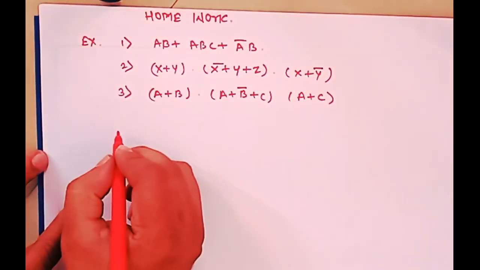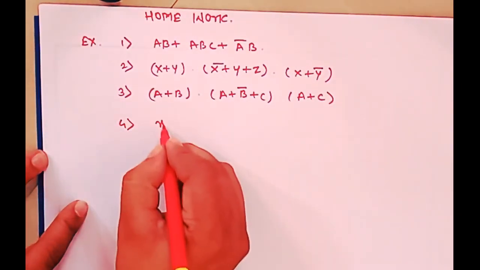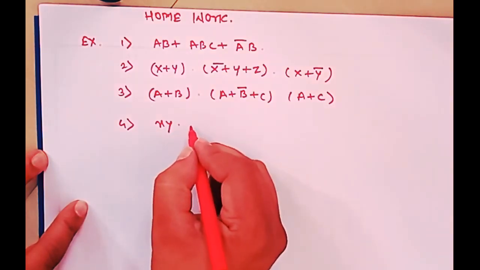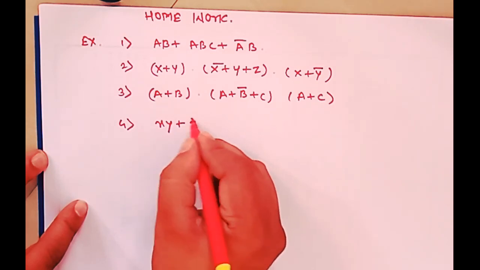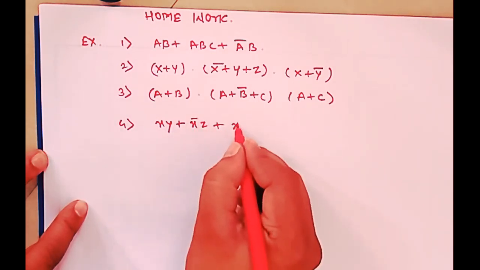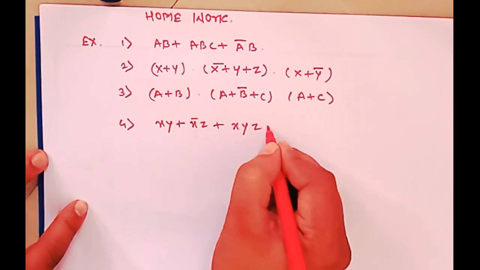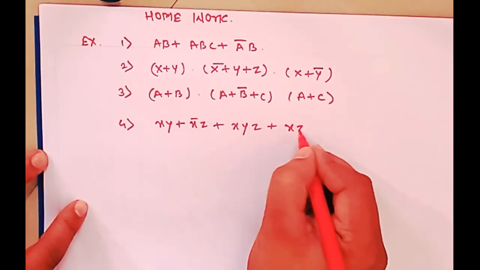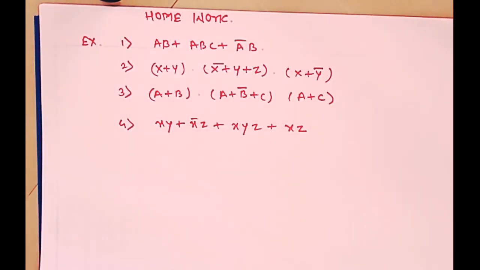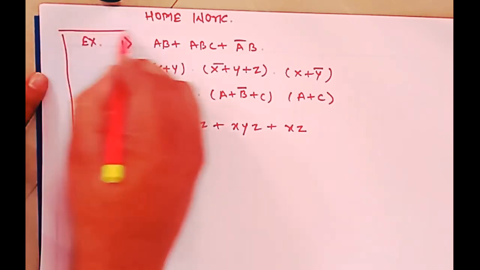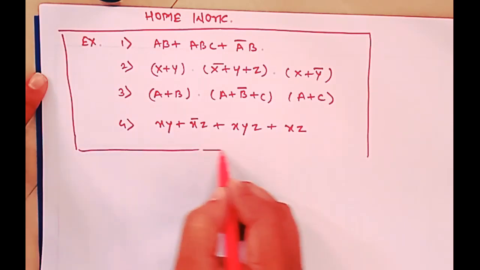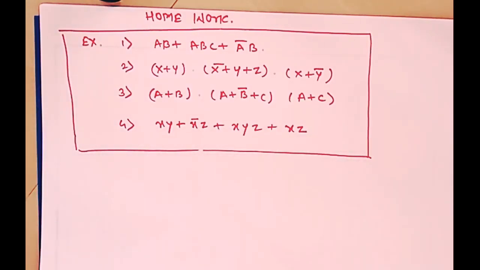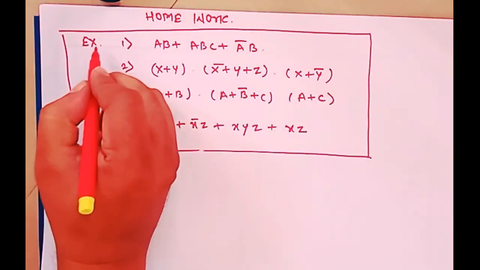The fourth example is xy plus x bar z plus xyz plus xz. You need to solve these examples as homework, and after solving them you need to send your PDF file to my personal WhatsApp number.